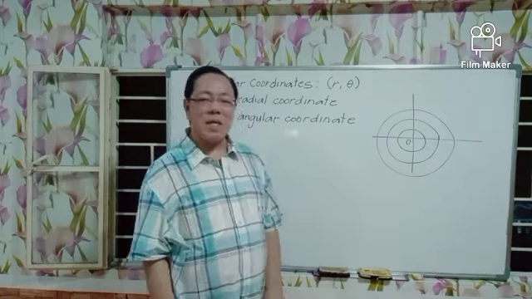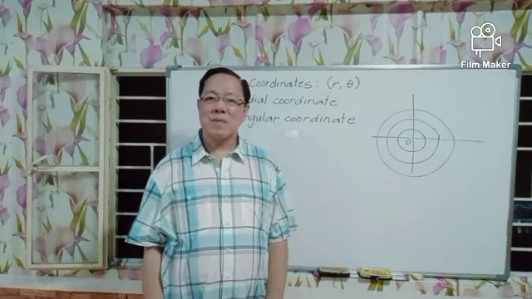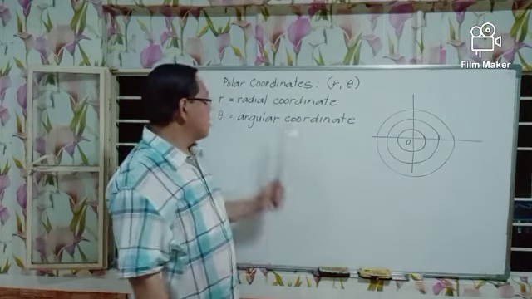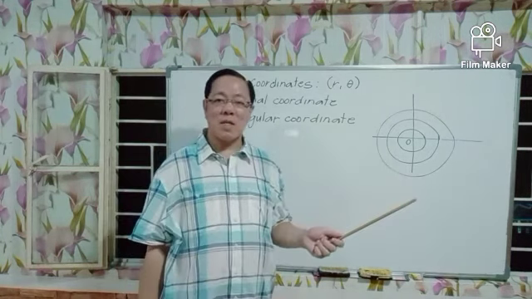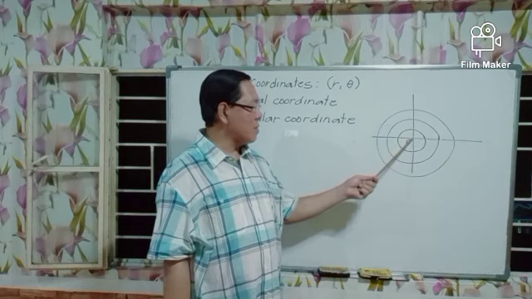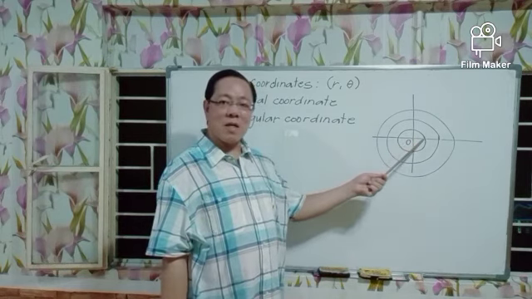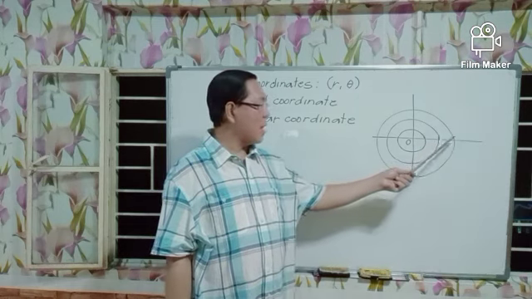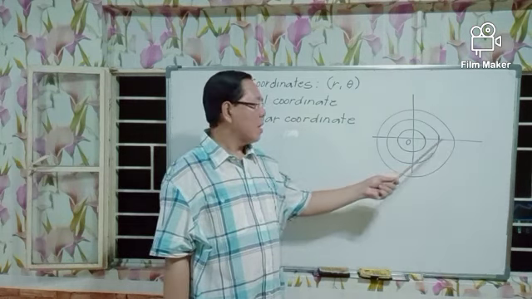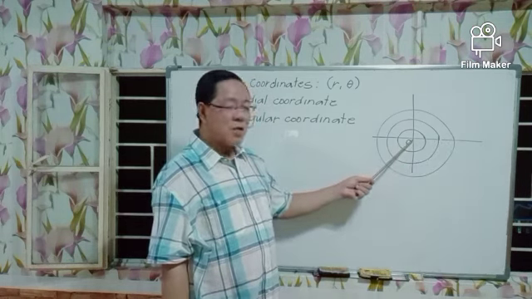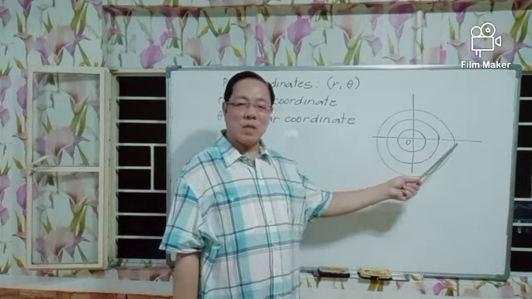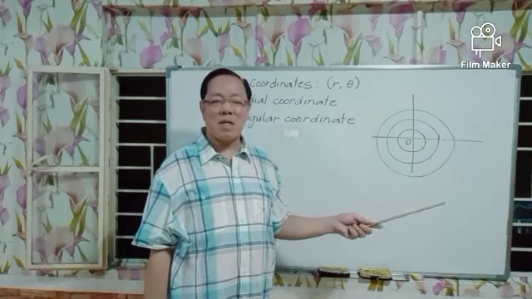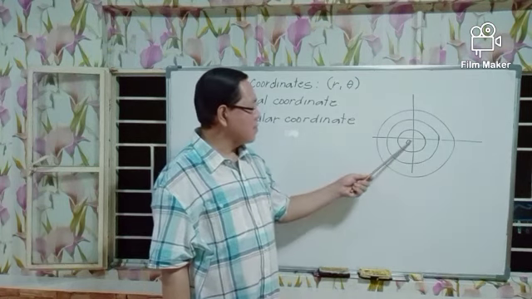And any point in this polar coordinate has two coordinates, the radial coordinate, which is the distance of the point from the origin. The radius of this circle is 1 unit, the radius of this circle is 2 units, and this one is 3 units. So from the origin to this point is 3 units. And these circles are concentric circles because they have the same center.